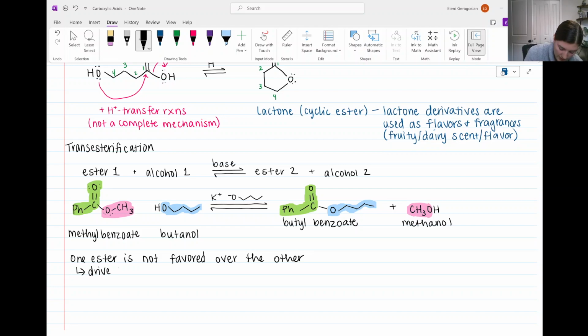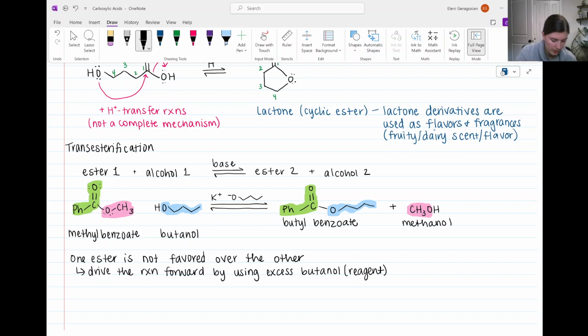So one could drive the reaction forward by using excess butanol, so one of our reagents, one of our starting materials, and distilling or somehow removing methanol, one of the products.